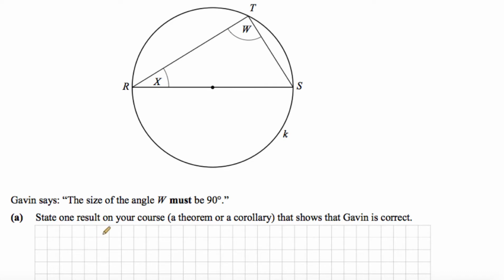And corollary 3 says that each angle on a semicircle must be a right angle, or must be 90 degrees. So that's the shortest corollary that would work. Theorem 19 would also be sufficient.